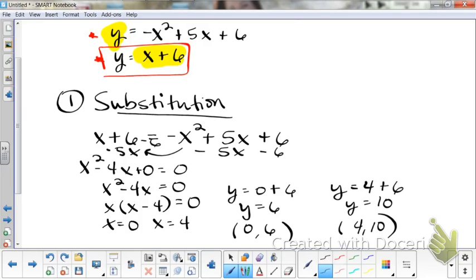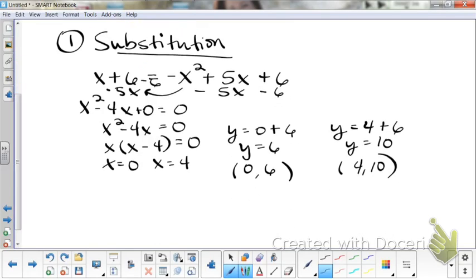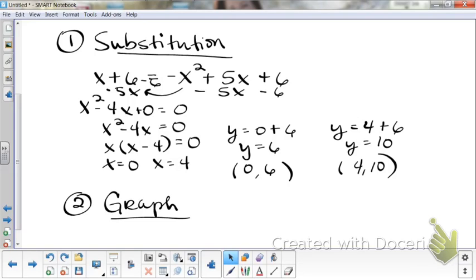Now what we're going to do to show you this is look at your graphing scratch pad and put that in there to show that you can see this graphically also, because really that is the second method. You just would graph them and then use your calculator to find the two intersection points.